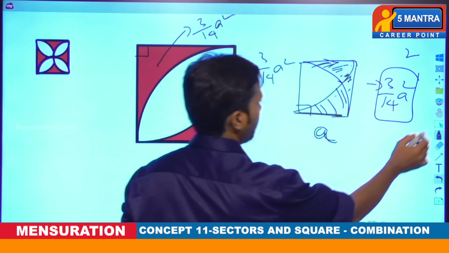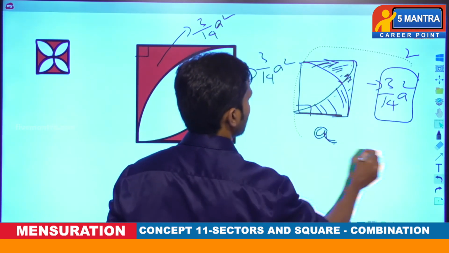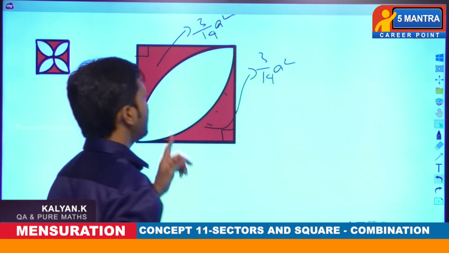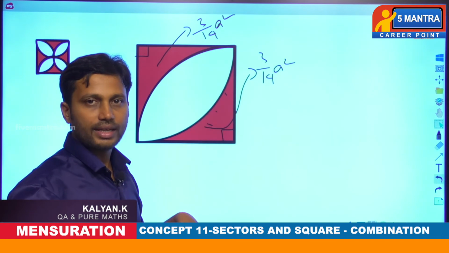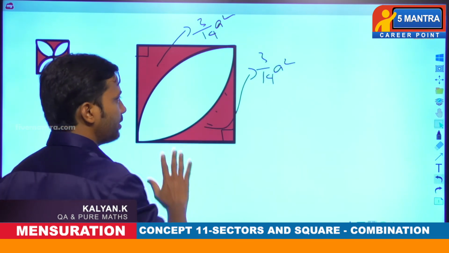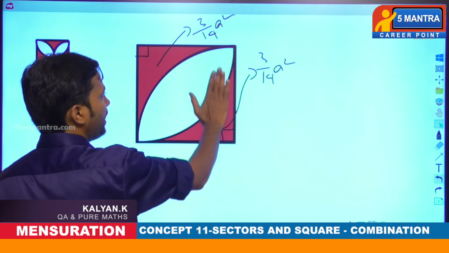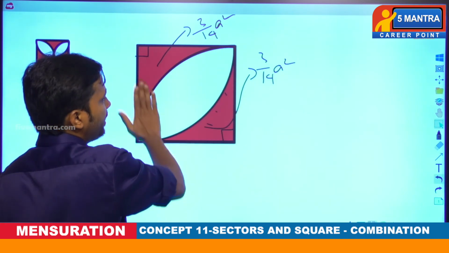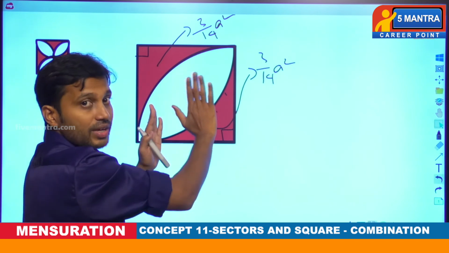Okay, so now my target is to say only thing that you need to find out the white colored area. So now I tell you that here this square area is representing this whole. This total area is represented as a square area.